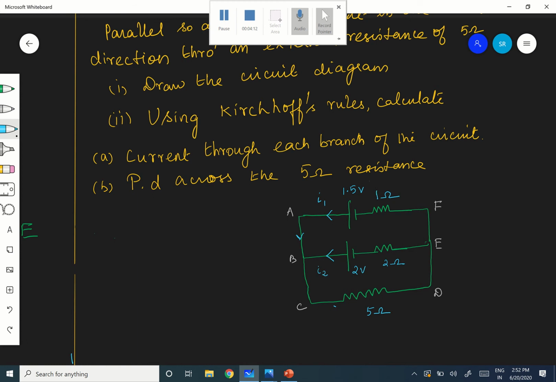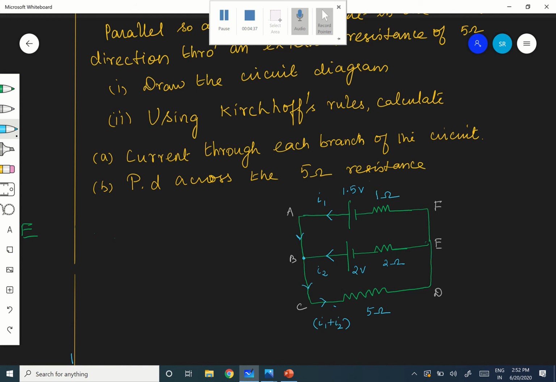Both currents join at B. Therefore I1 and I2 are entering B, so the same should leave B. The current coming out should be I1 plus I2, correct? I1 plus I2. Are you following?